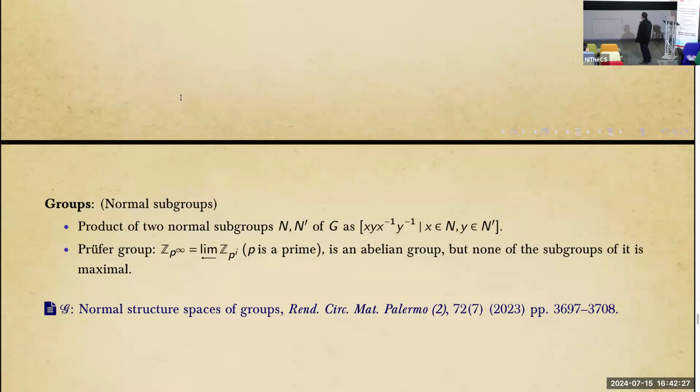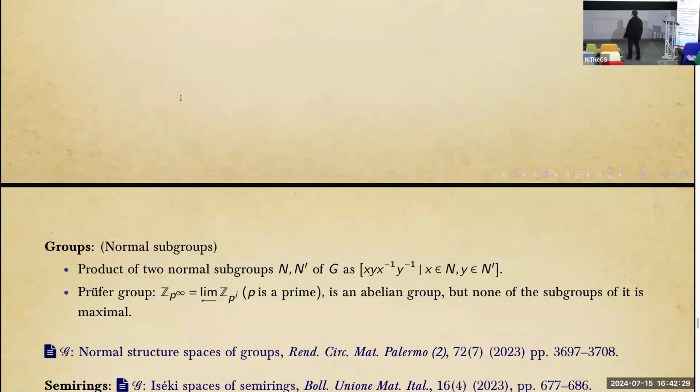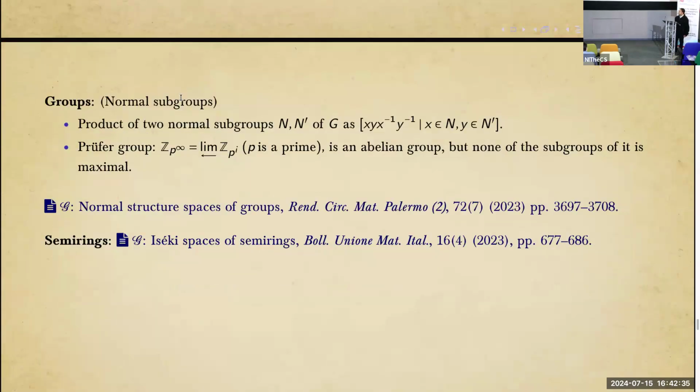Then you can do similar things for semirings. You can consider different classes of ideals, endow the ideal topology and study the semirings. As we know, semirings have one special type of ideal, the subtractive ideal, which I mentioned, which disappears in rings, because in a ring every ideal is a subtractive ideal.